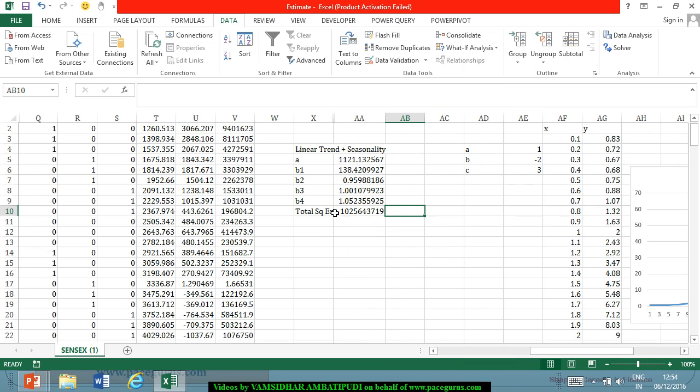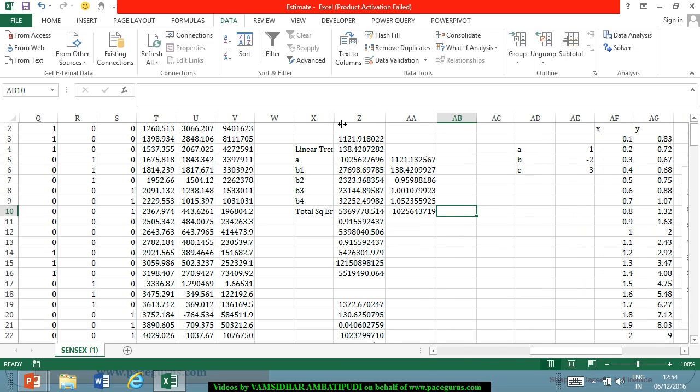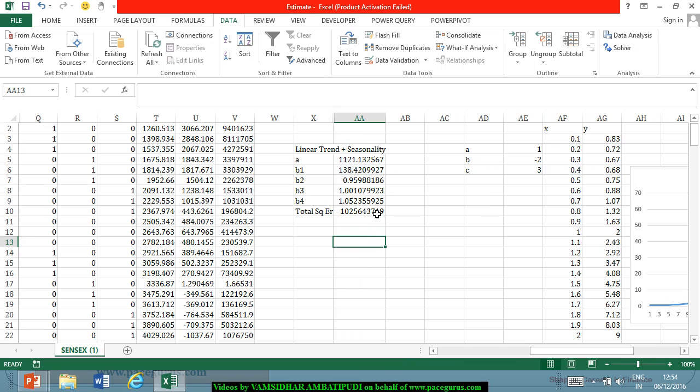Now what we are talking of is this is the total error, and as we have discussed earlier, I can very well find out the R squared, right?